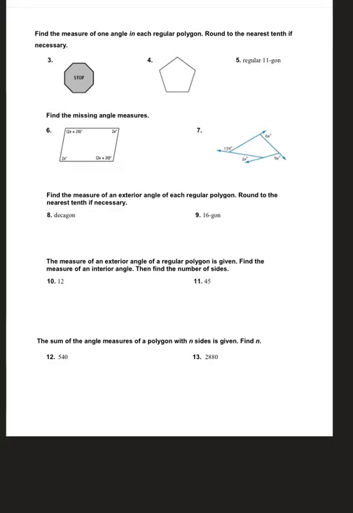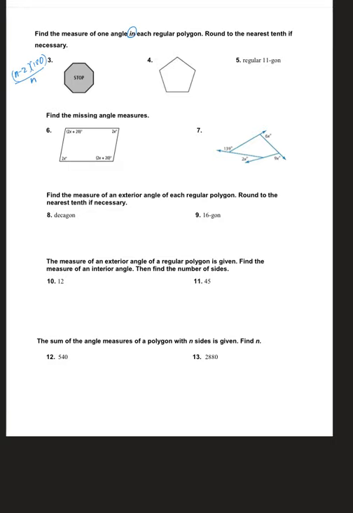All right, for 3, 4, and 5, it tells us to find one angle in each polygon. So now we're looking for one interior angle. You start with the sum of the inside, and then you divide by n. So the formula you're using is n minus 2 times 180 divided by n.